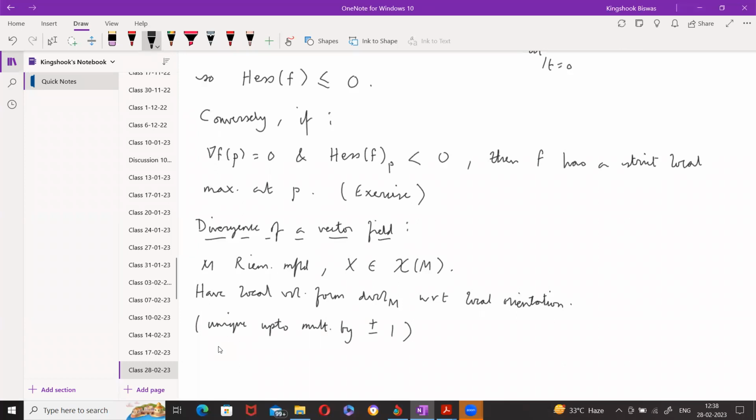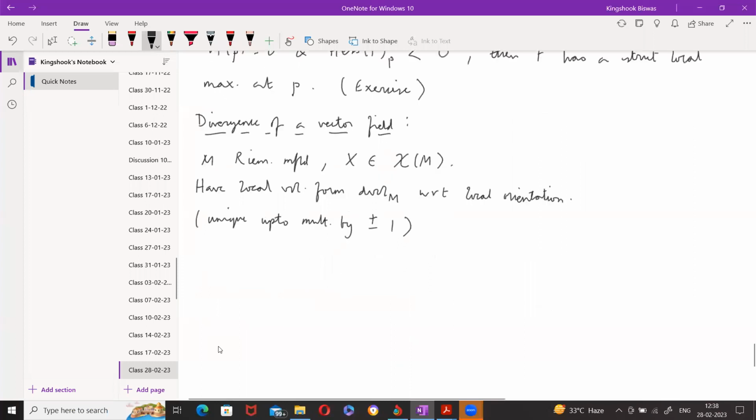That's all. Then what can I do? The divergence of X will be a smooth function on M.